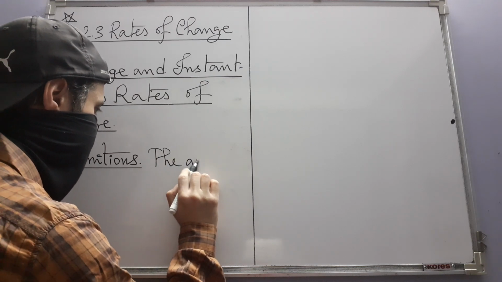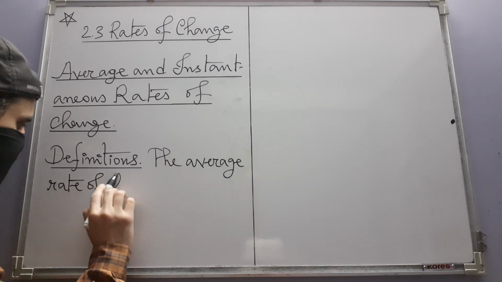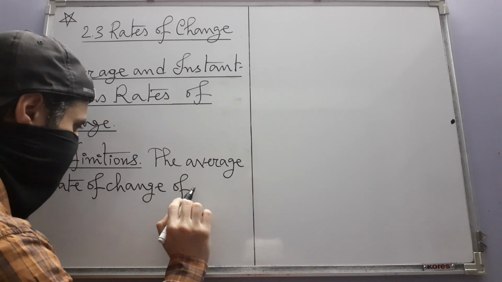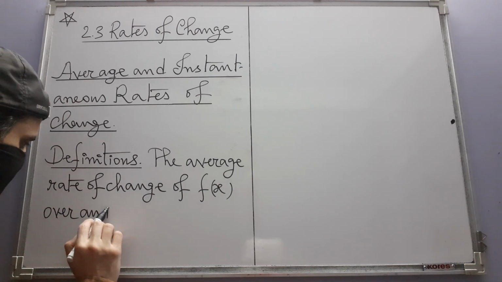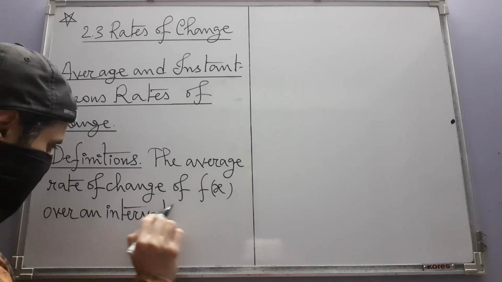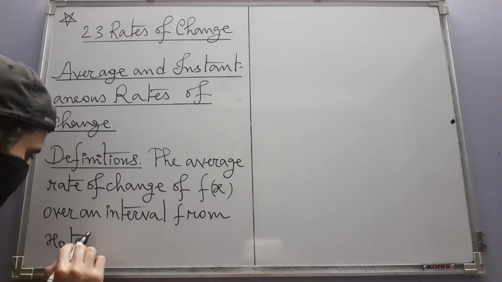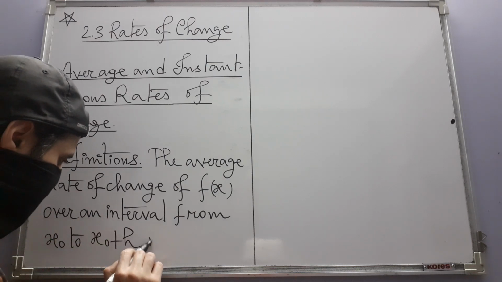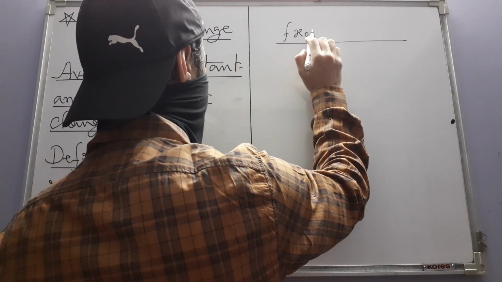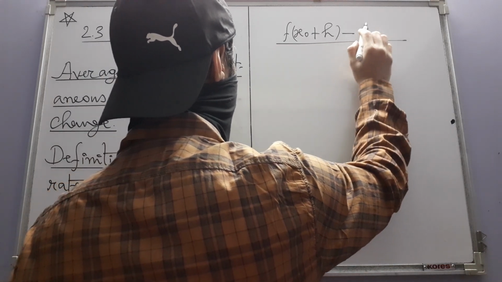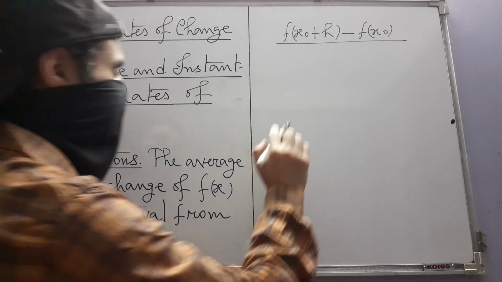The average rate of change of a function f of x over an interval from some x value, say x naught, to a neighboring x value, x naught plus h, is this ratio: f of x naught plus h minus f of x naught, the change in the output value, divided by the change in the input value.